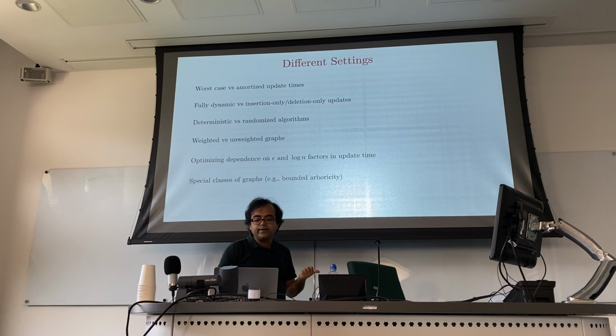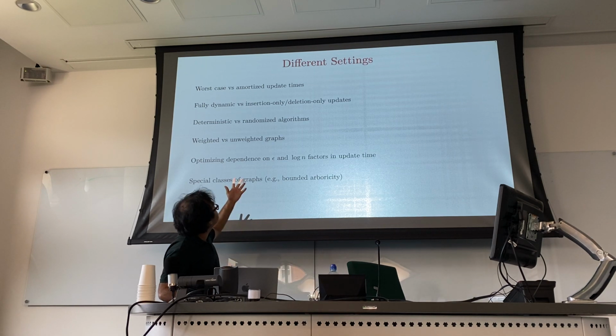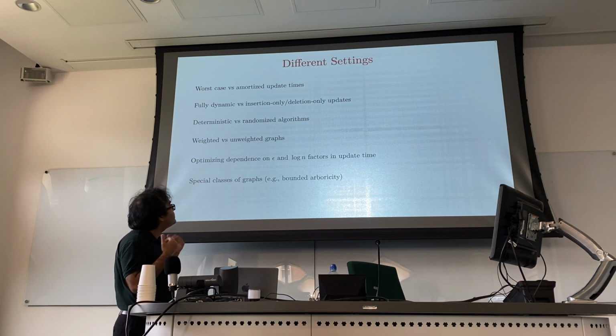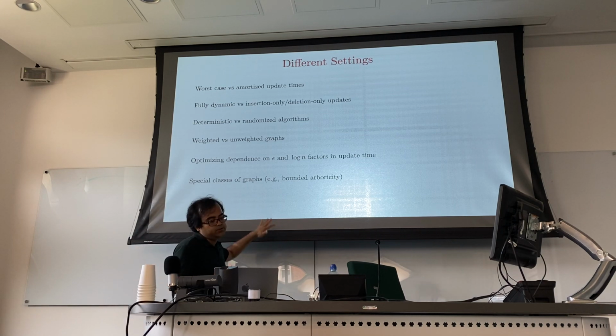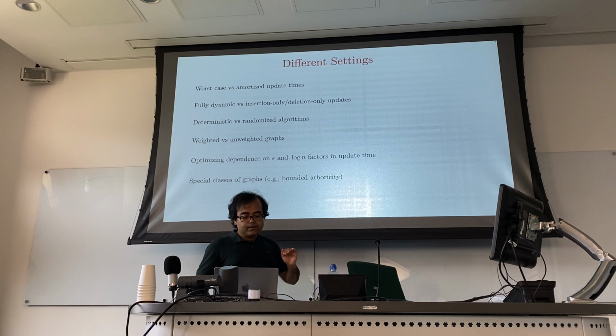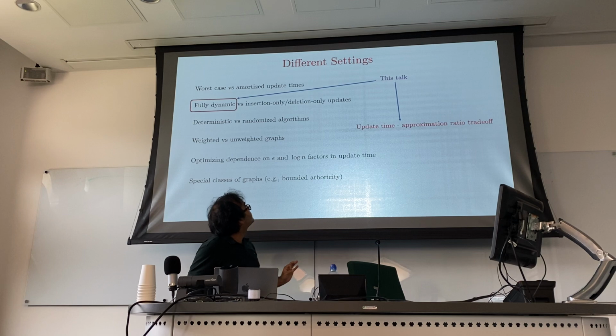Because you can study it from various different perspectives. So you can talk about worst case versus amortized update times, restricted form of updates, deterministic versus randomized algorithms, and so on. But to keep things simple and clean, in this talk, I will just focus on the following two parameters, which I think captures the key challenges in this area.